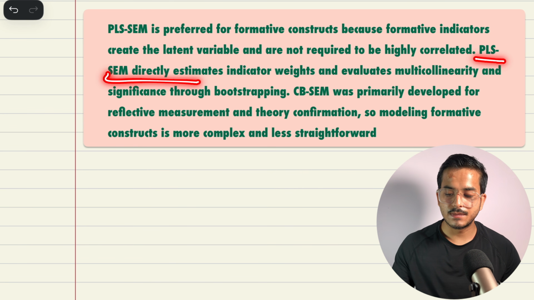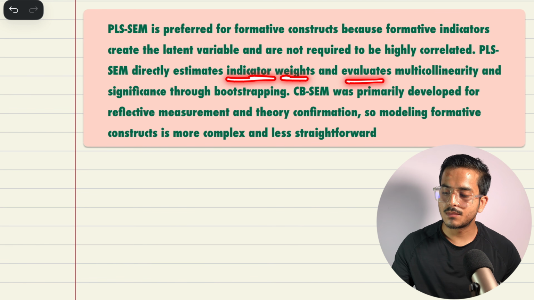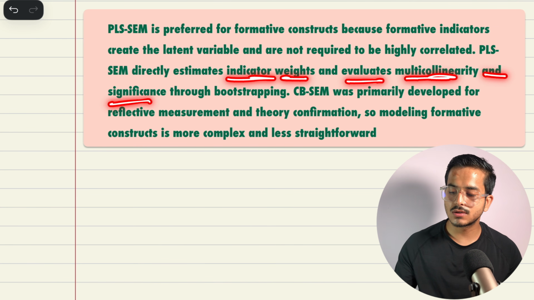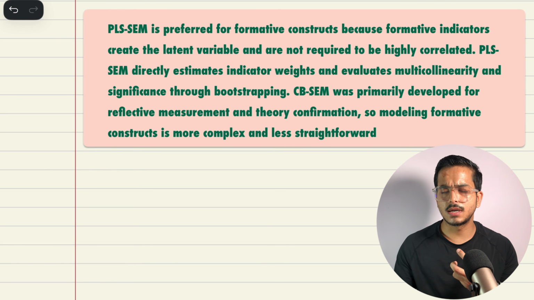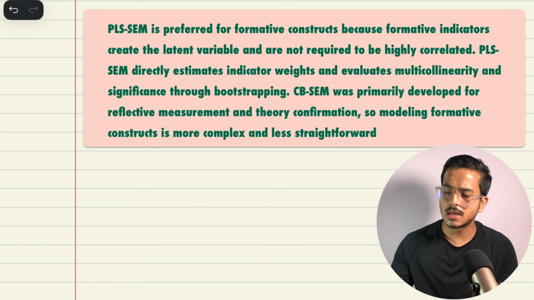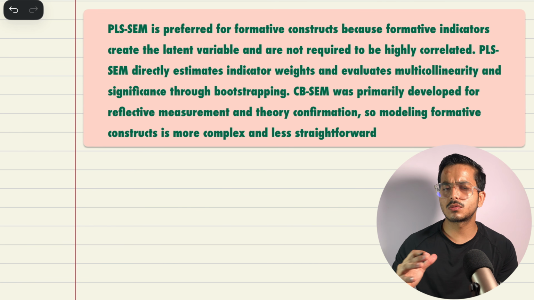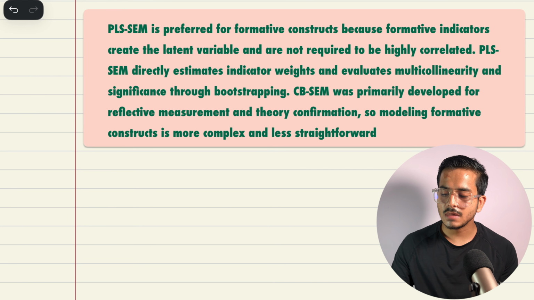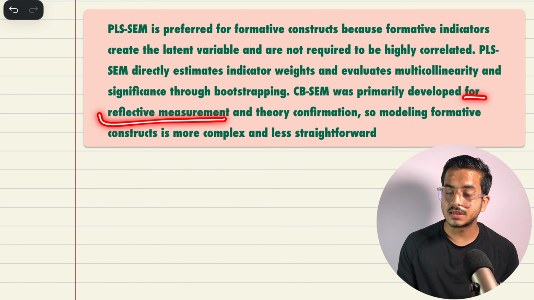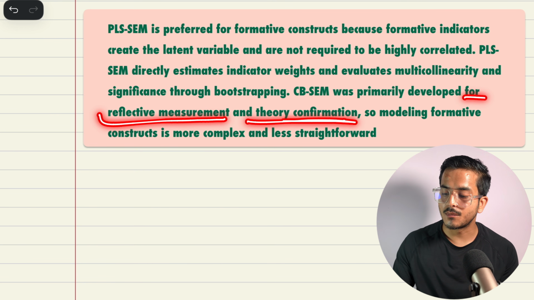PLS-SEM directly estimates indicator weights and evaluates multicollinearity and significance through bootstrapping. Bootstrapping is basically resampling, which we'll be studying in the furtherance of this series. Multicollinearity means that collinearity is multiple, and this is also a technical term we'll be discussing further. CB-SEM was primarily developed for reflective measurements and theory confirmation.